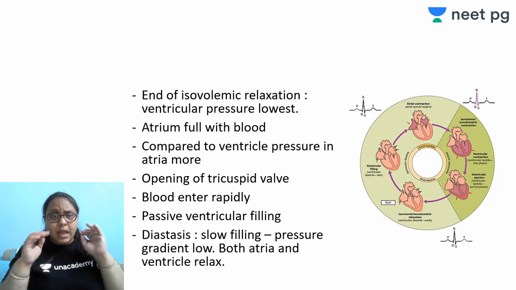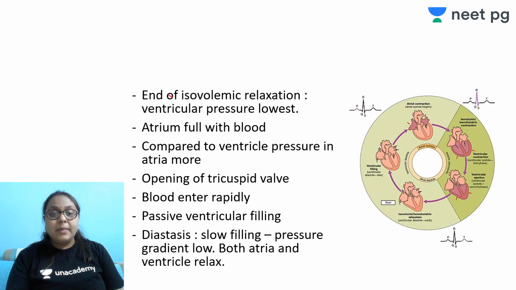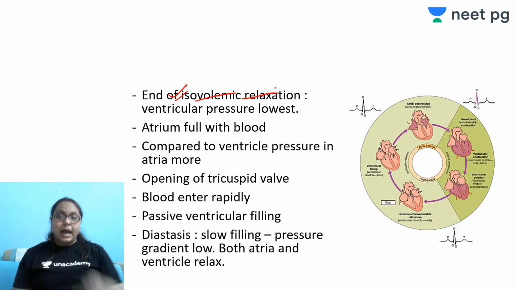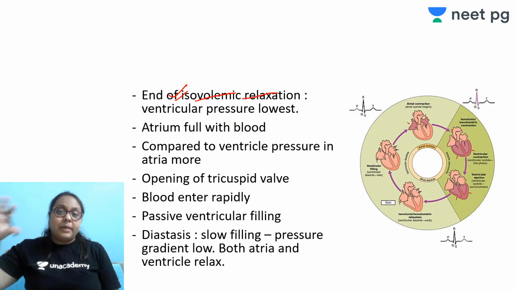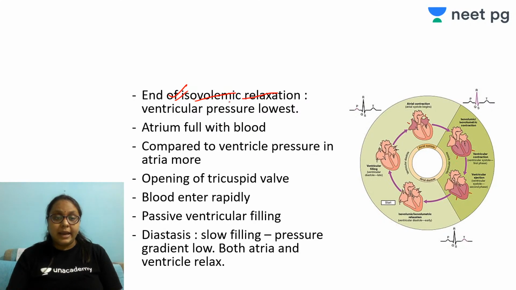Now, at the end of isovolumic relaxation, ventricle में ना तो blood आया ना blood जा रहा है. जितना blood था उतना सब कुछ चला गया. अब नया blood कुछ नहीं आया. तो at this point, at the end of isovolumic relaxation, the ventricular pressure is lowest. The ventricular pressure is lowest, right?